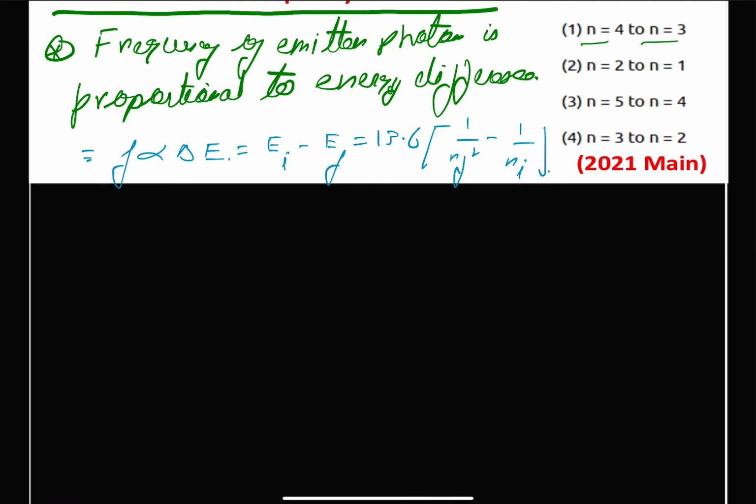So for all these 4 options we are going to find delta E, and the maximum value of delta E will result in the maximum value of the frequency.